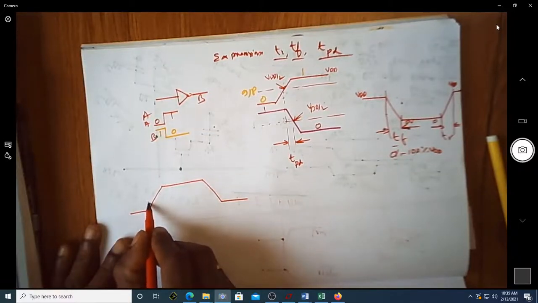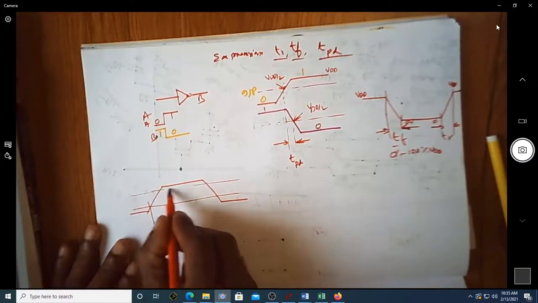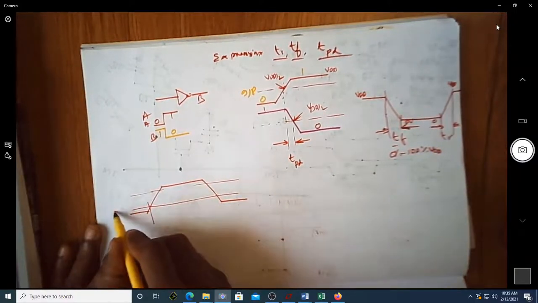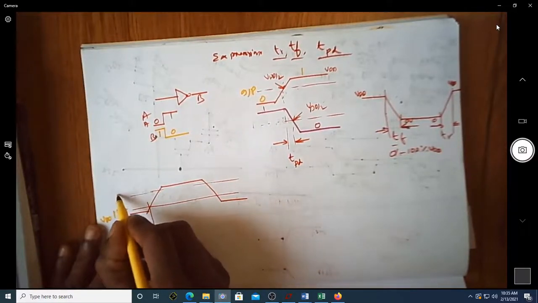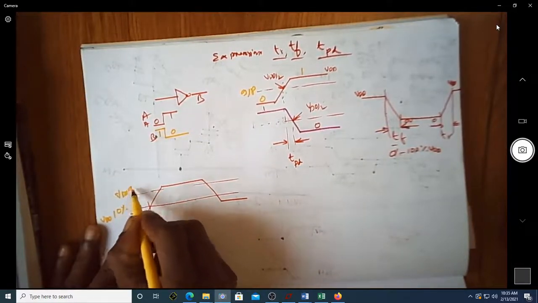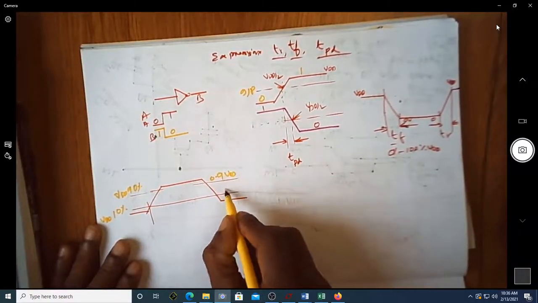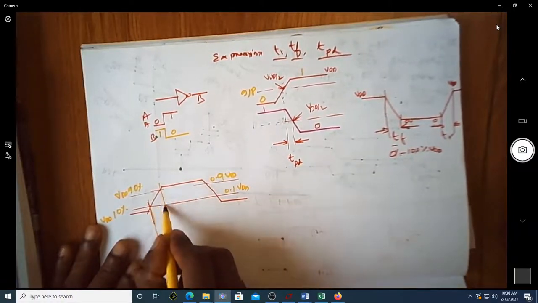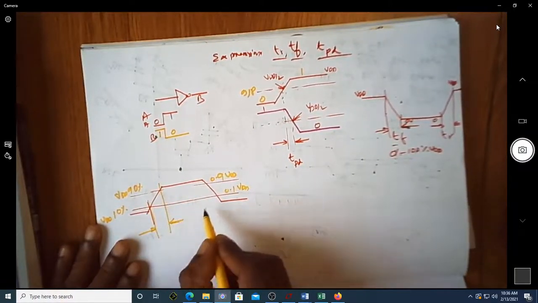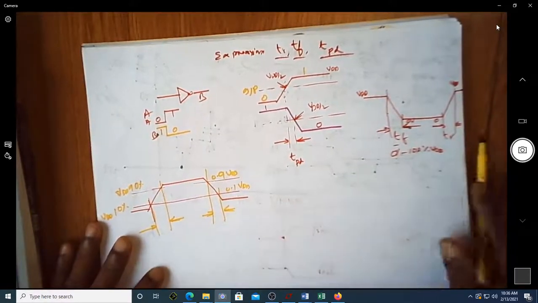You consider two reference points, one corresponding to 10% of VDD, that is 0.1 VDD, and the other 90% of VDD, meaning 0.9 VDD.